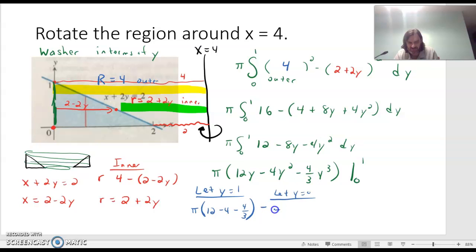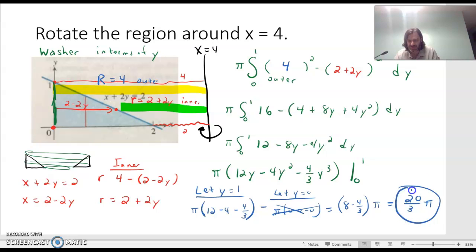Well, that just gives me pi times 0 minus 0 minus 0, so all that's gone. So in the overall scheme of things here, I've got 8 minus 4/3, all times pi. 8 in terms of thirds is 24/3, so it looks like this will give me 20/3 pi.